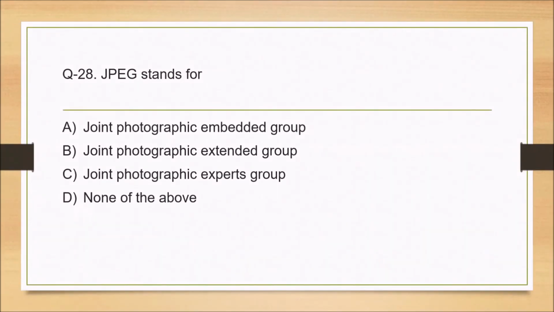Next question is JPEG stands for, and the options are Joint Photographic Embedded Group, Joint Photographic Extended Group, Joint Photographic Experts Group. And the correct answer is Joint Photographic Experts Group.